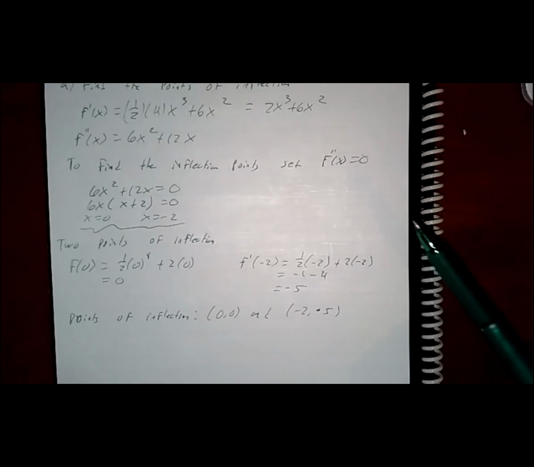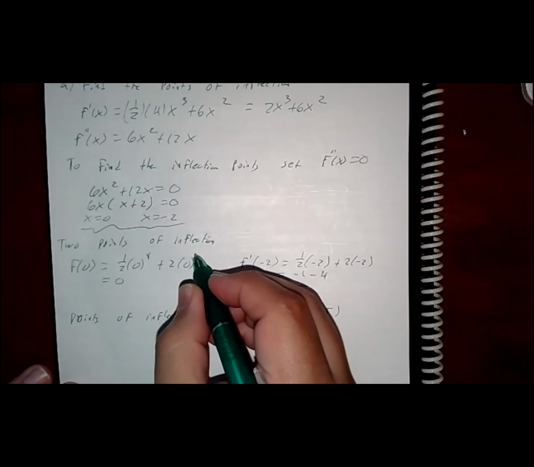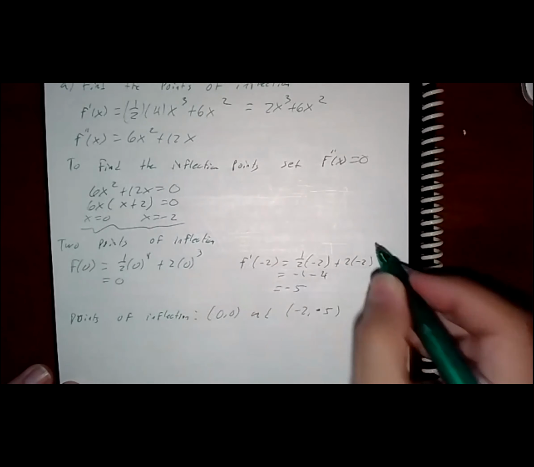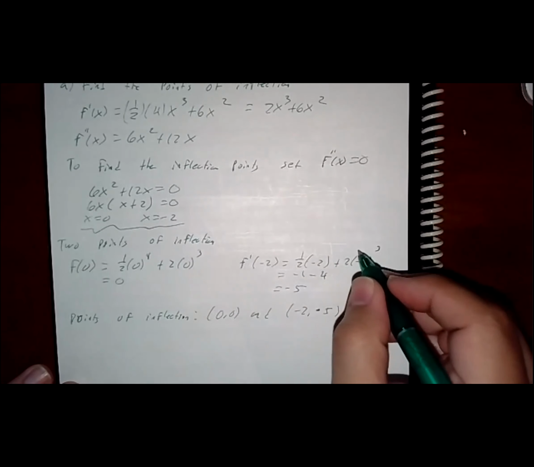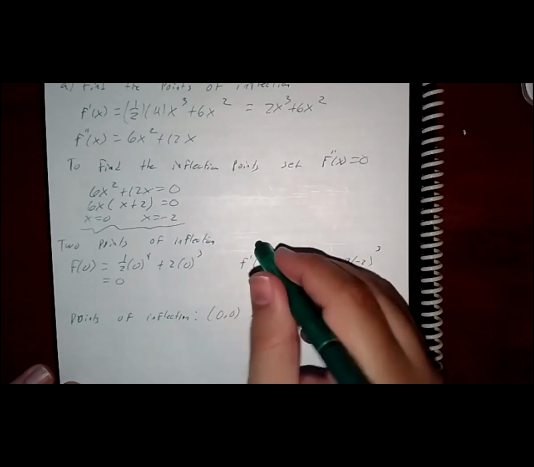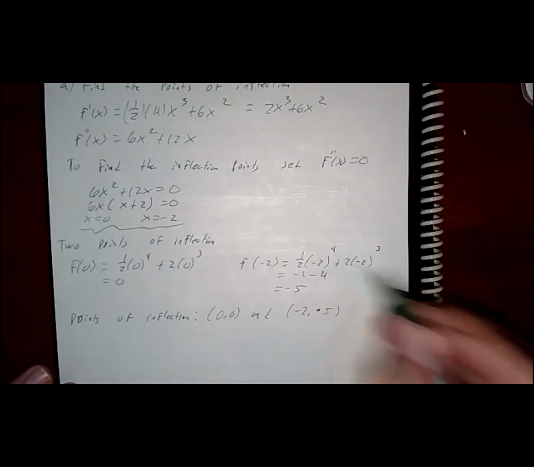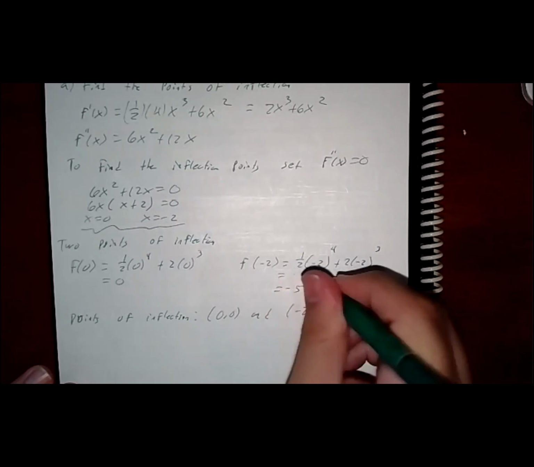Did I do that right? This is supposed to be squared, hasn't it? Cubed, I'm sorry. Yeah, that should be into the original, not the derivative. Fourth. Let me fix this.